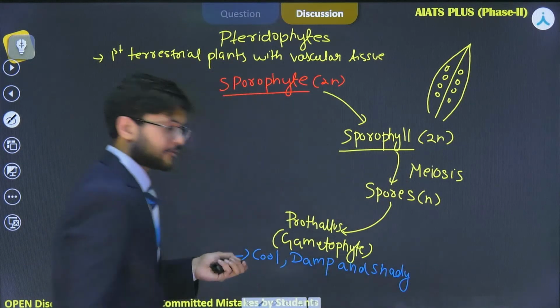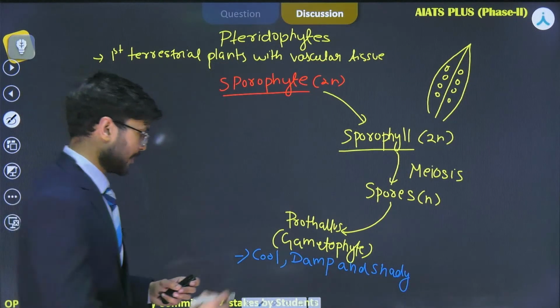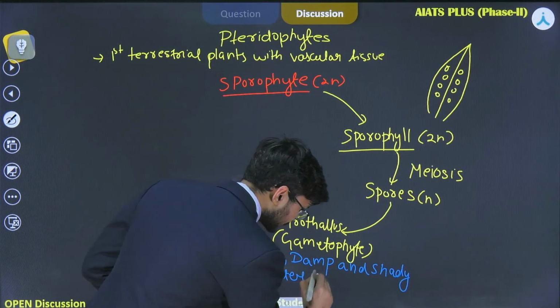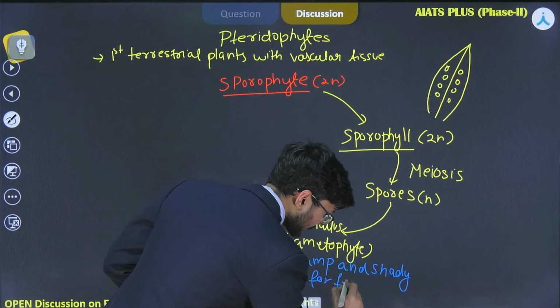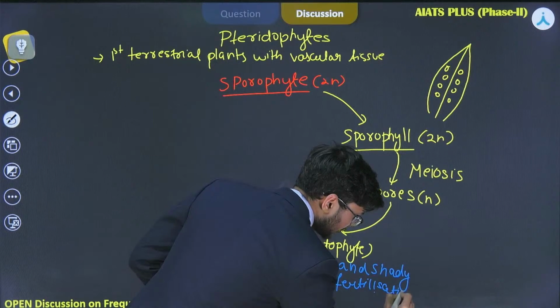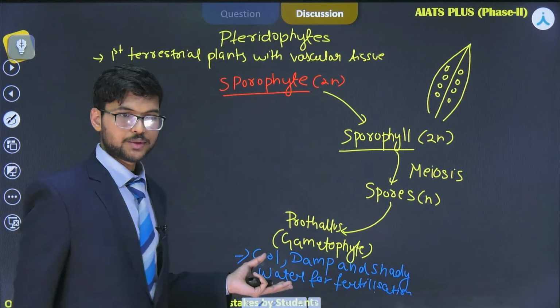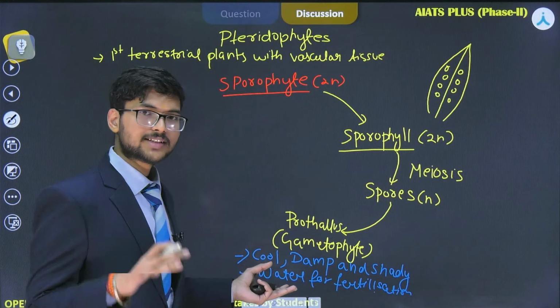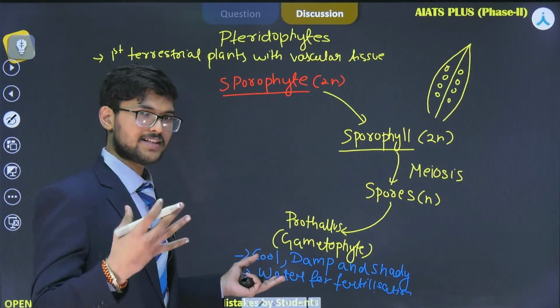Apart from this, they also require water for the process of fertilization. So these two requirements for the gametophyte are the main reason why the pteridophytes are restricted to specific regions or localities.